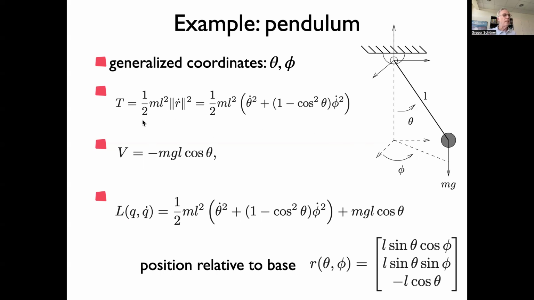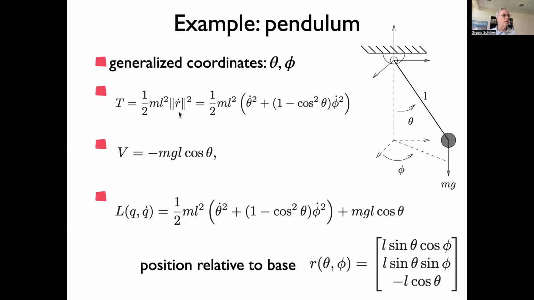So the kinetic energy of that is easy to compute, right? That is really just 1/2 mass times velocity squared, and the velocity is, why is it actually r, but it's r dot.